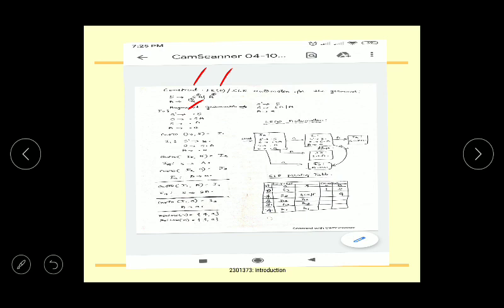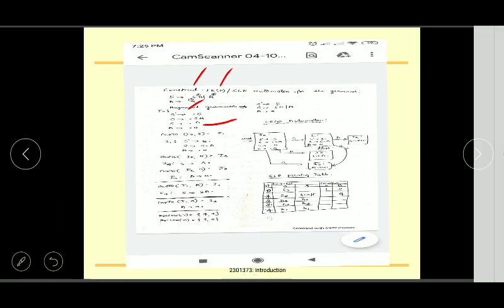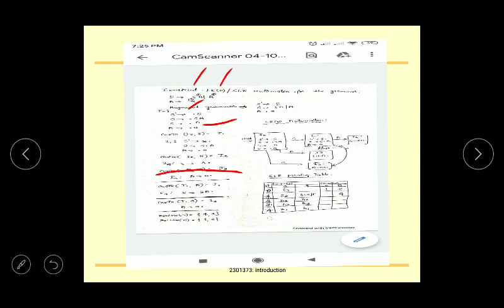Then consider I0. In I0, is there any item having a dot followed by a terminal? Give importance only to the productions having a dot followed by a terminal. Yes, we have a dot followed by a terminal, that is A gives dot a. In that case, see what goto of I0 comma a is. Goto of I0 comma a is I3. If that is the case, then the action is shift.